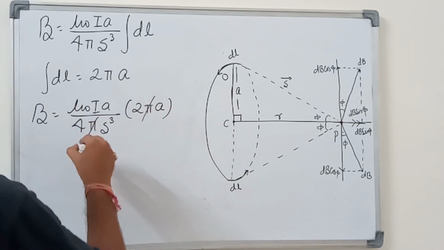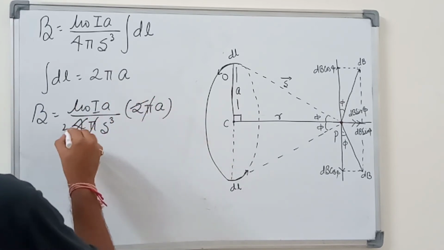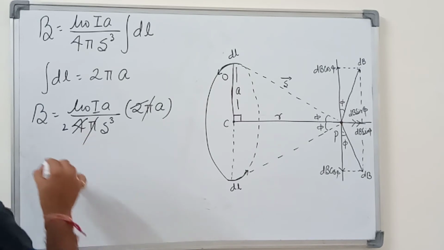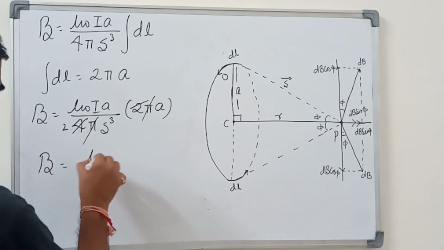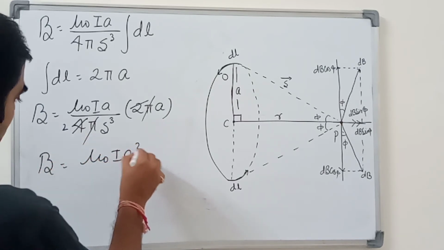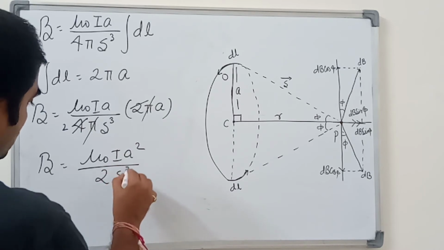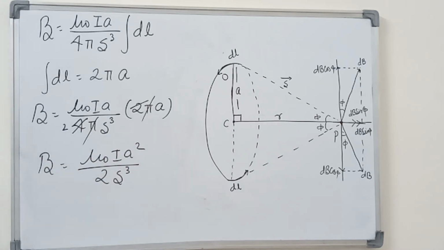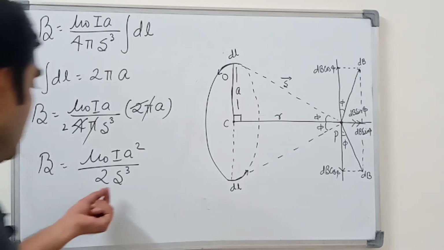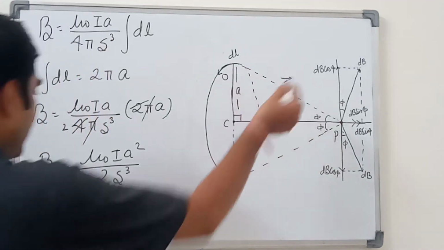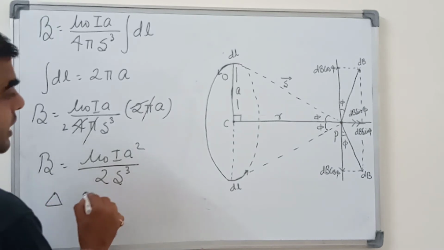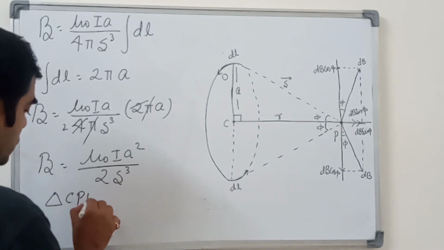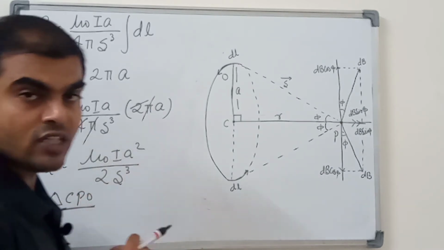Now pi cancels out and 2 cuts the 4. So B is equal to mu 0 I a square upon 2 s cube. Write down. Now the value of s cube: again use the right angle triangle CPO, using the Pythagoras theorem.